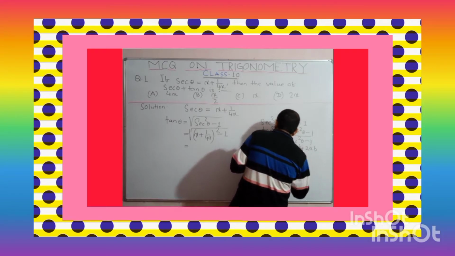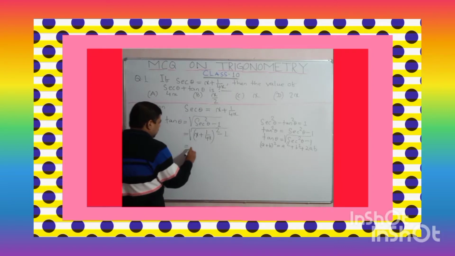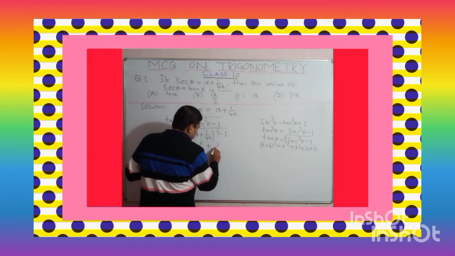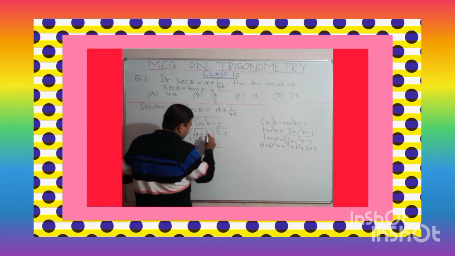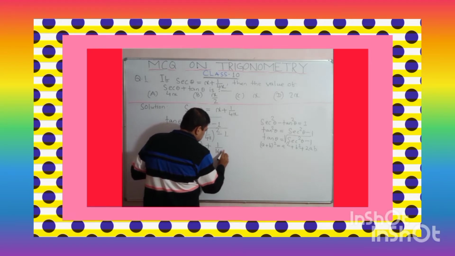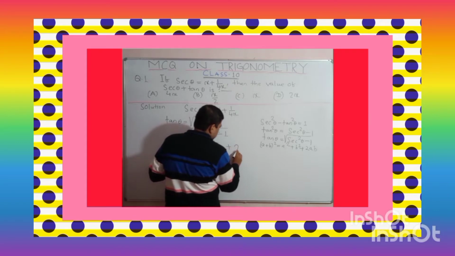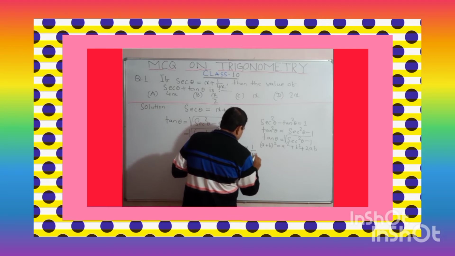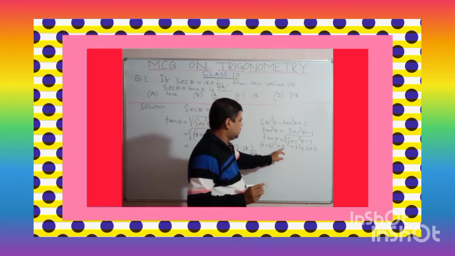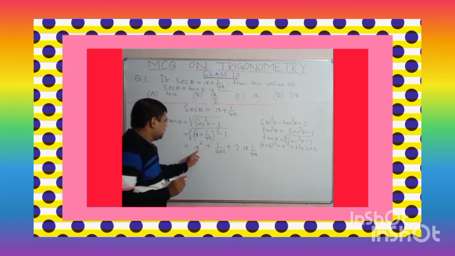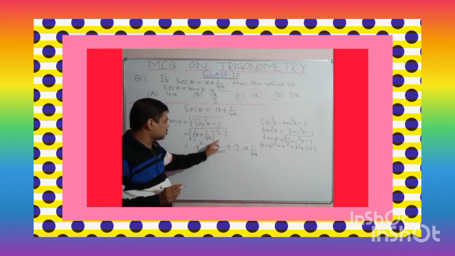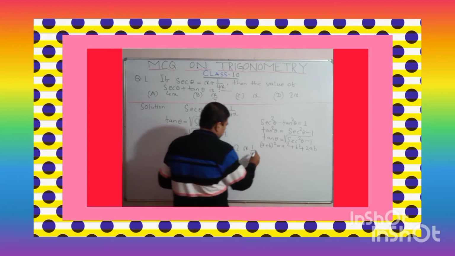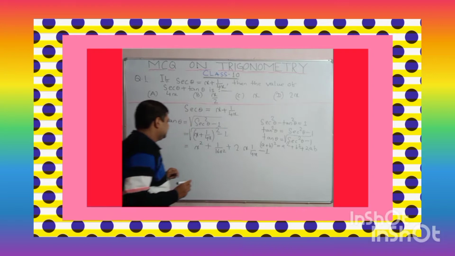So it will be x square plus 1 upon 4x whole square, which is 1 upon 16x square, plus 2 into x into 1 by 4x, and minus 1. Is it clear?